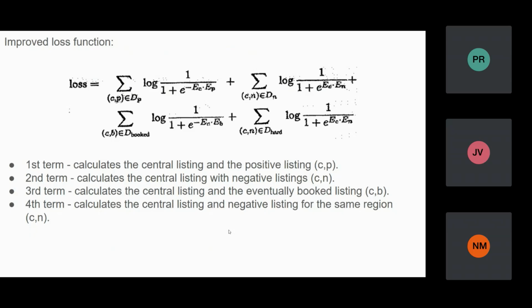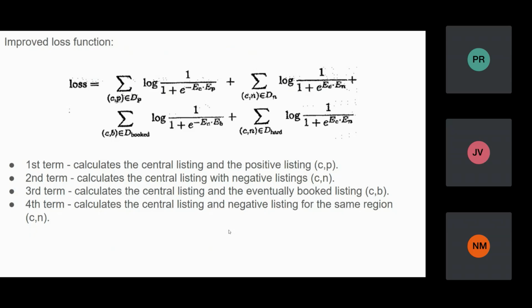Here C is for the central listing, D is for the booked listing, and D booked shows us the pair of central and booked listing. Similarly, D hard is a pair of central listing and the hard negative listing of the same region.